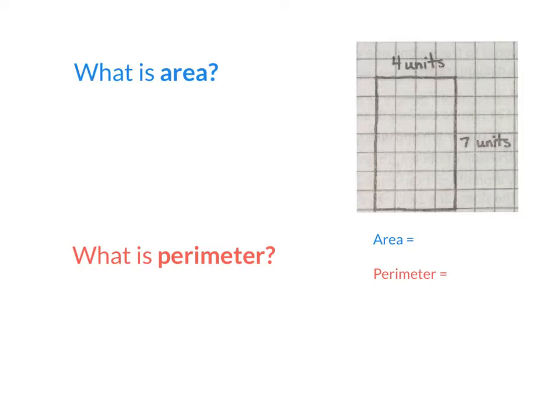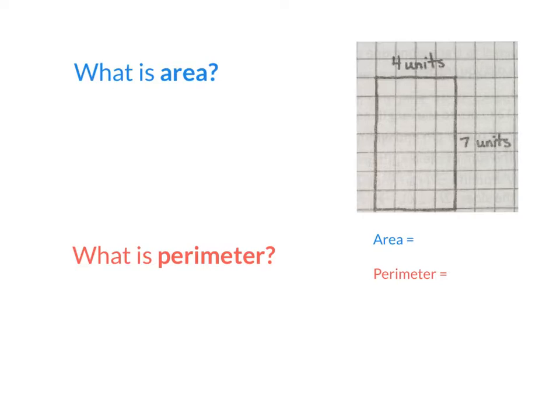We can call this the length, where I'm moving my iPad right now. Is it always the length? No. Could this be the length? Yes. Because you can always turn a 2D object, okay? So area, I want you to write this down in your notebook. Area is the amount of space a two-dimensional object takes up.